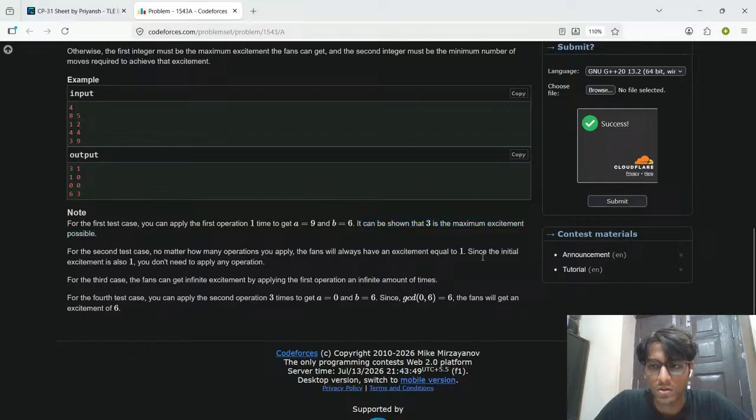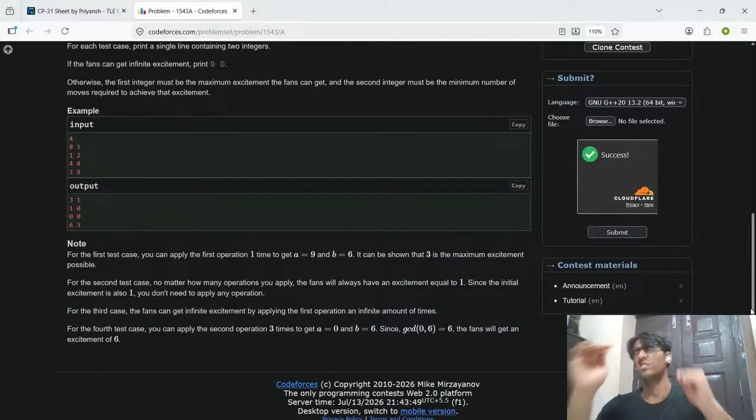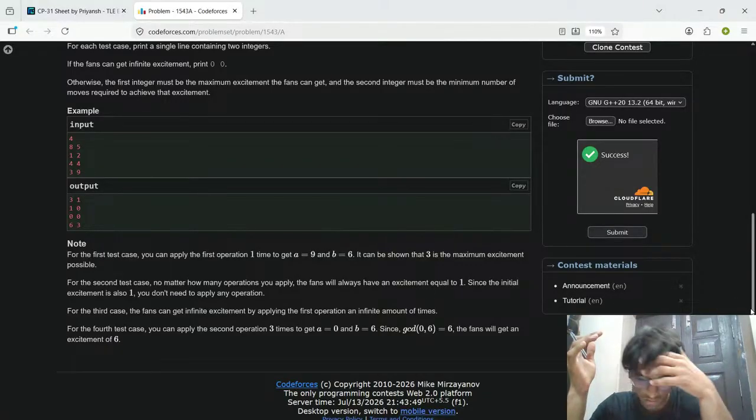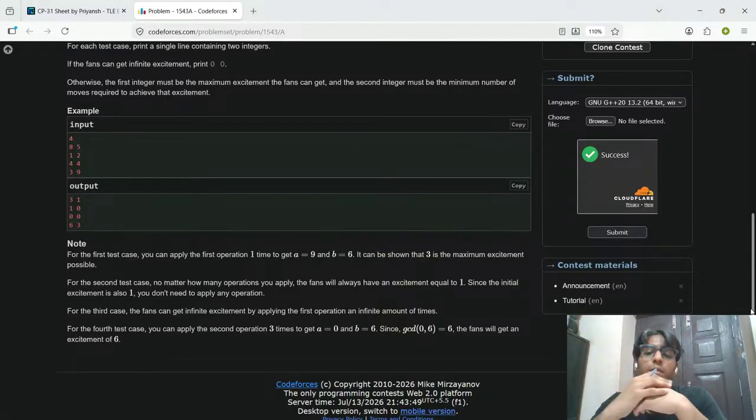Because GCD of 8, 5 would have been 1. GCD of 9, 6 would be 3, and then GCD of 10, 7.